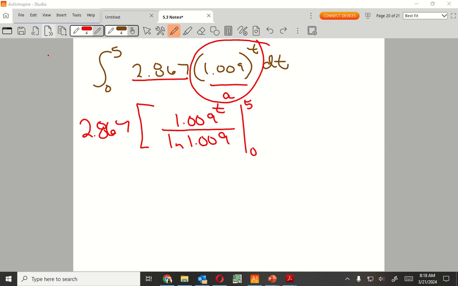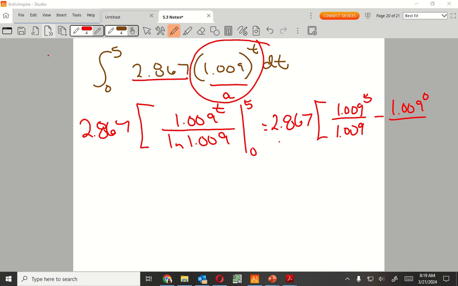So now we could actually do the math on this one. So now this is going to give me 2.867 times 1.009 raised to the 5th over ln 1.009 minus 1.009 to the 0 over ln 1.009.